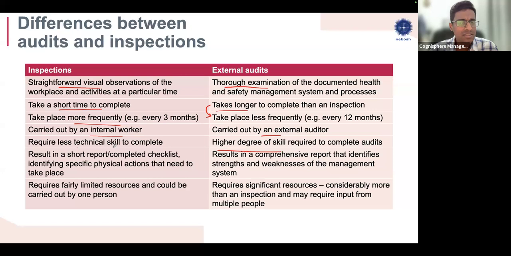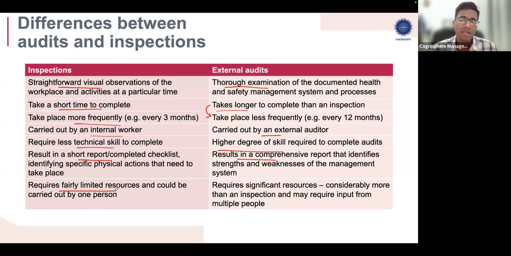So less technical skill compared to an audit, and the result is a short report, a completed checklist. So mostly they would use a checklist, and the checklist would serve as evidence. But for an audit, they would prepare a very comprehensive report of the findings, of the strengths and weaknesses of your management system.